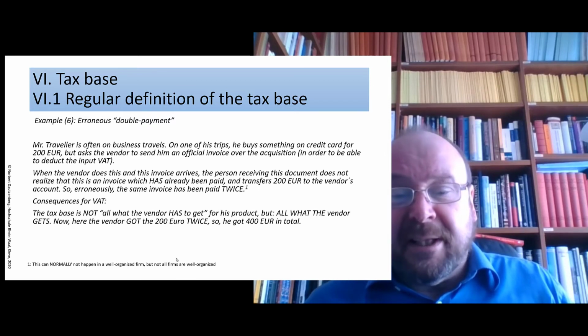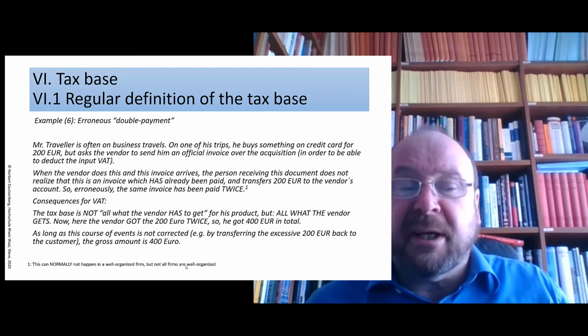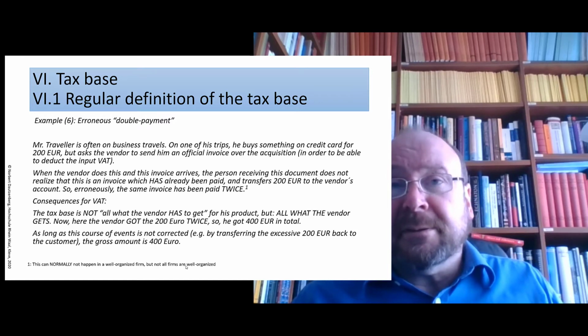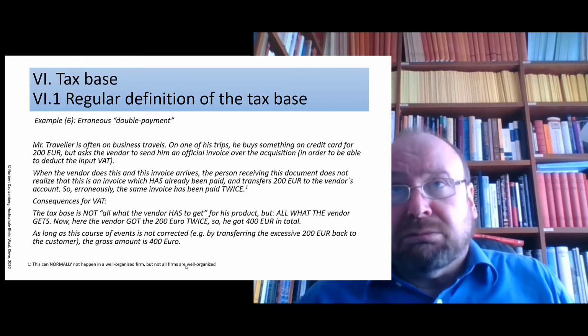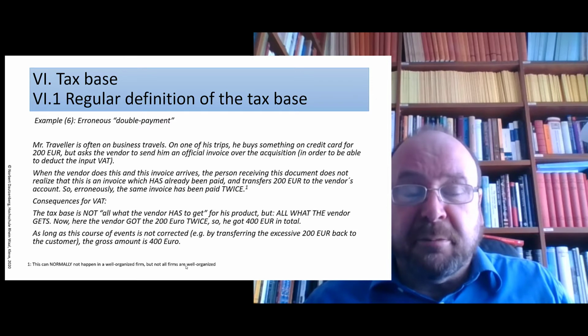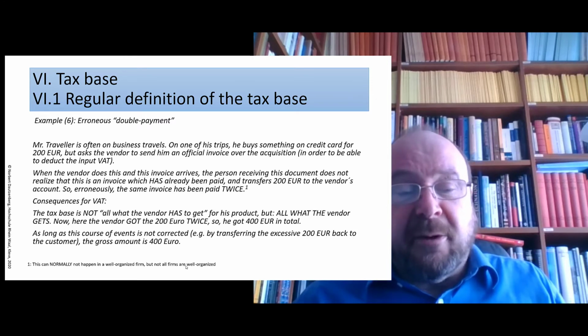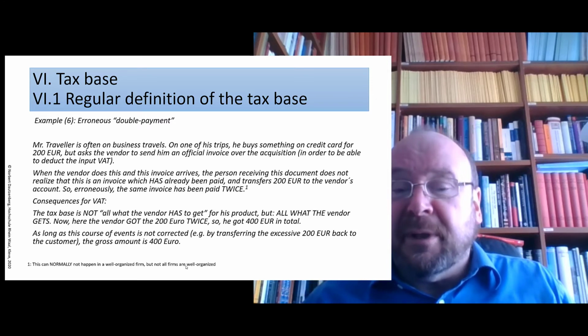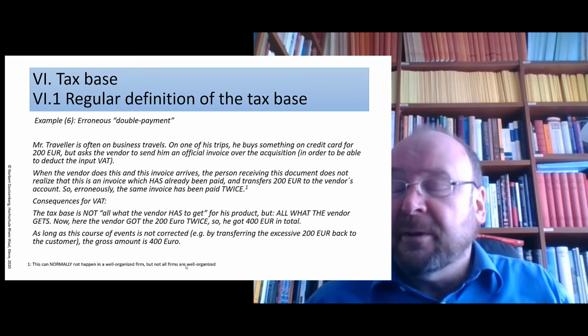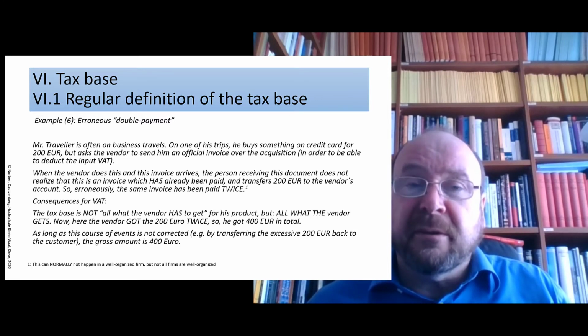As long as the second payment is not given back by the shopkeeper, perhaps because the shopkeeper is organized in a complete chaos and can't find out to whom he has to give back that additional payment, the gross amount definitively is 400 euro, in spite of only 200 having been agreed upon.